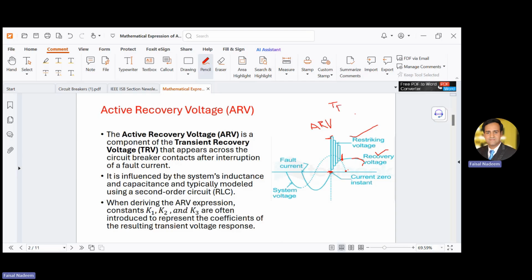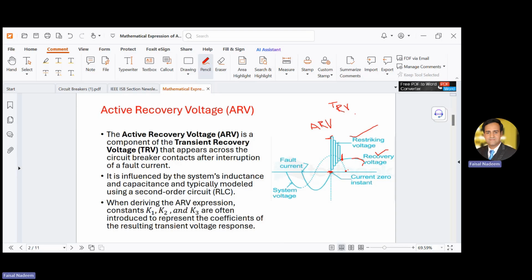And this transient recovery voltage is further disintegrated into three types of voltage: active recovery voltage, restriking voltage, and recovery voltage. So I hope you are clear what is active recovery voltage out of these three types.